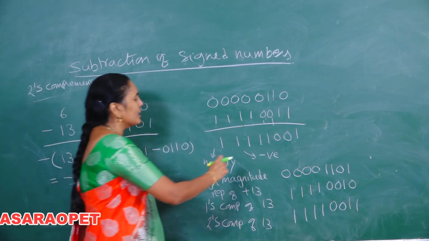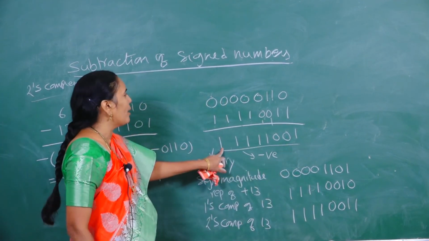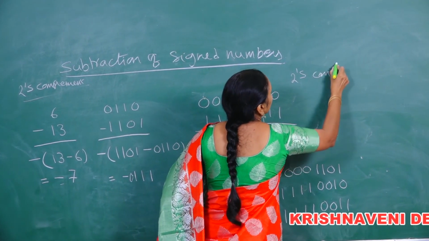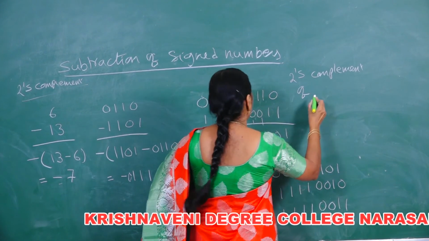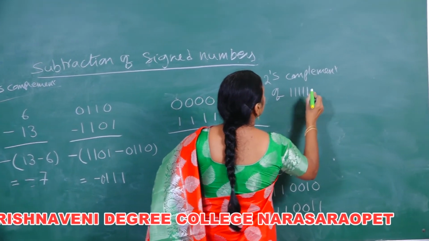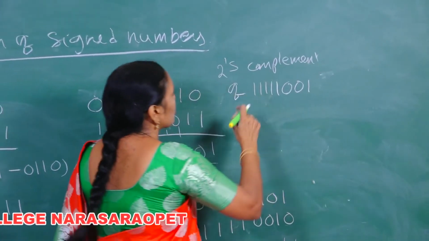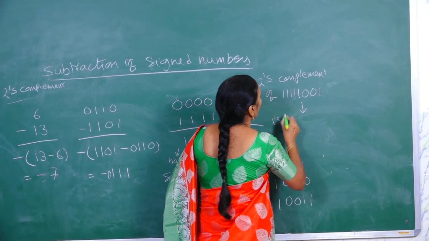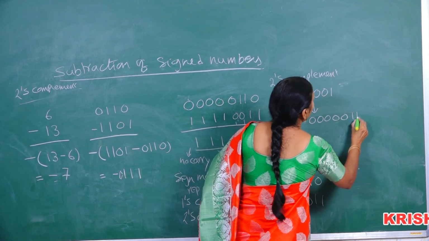To get the correct answer, I have to find the 2's complement of 5 ones, 0, 0, 1. In order to get the 2's complement, first I will get 1's complement. 1's complement will be 0, 0, 0, 0, 0, 1, 1, 0.